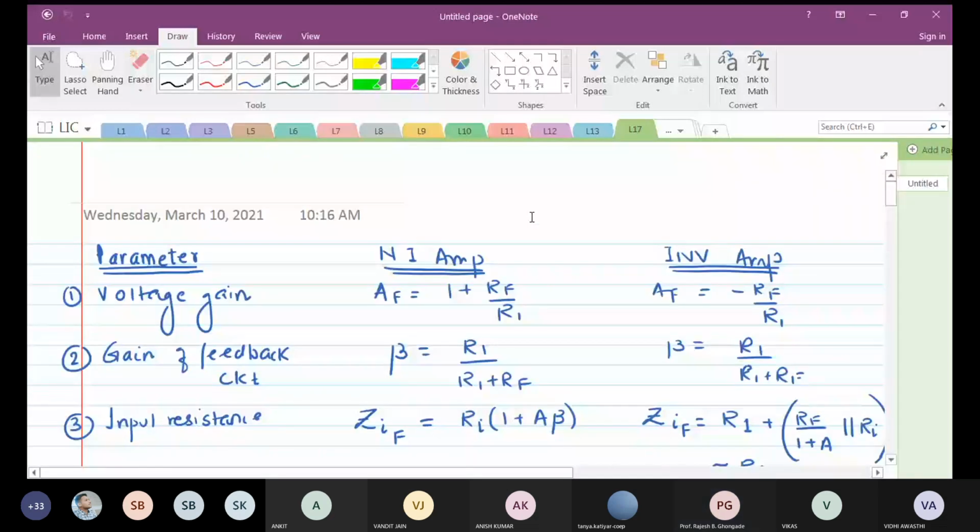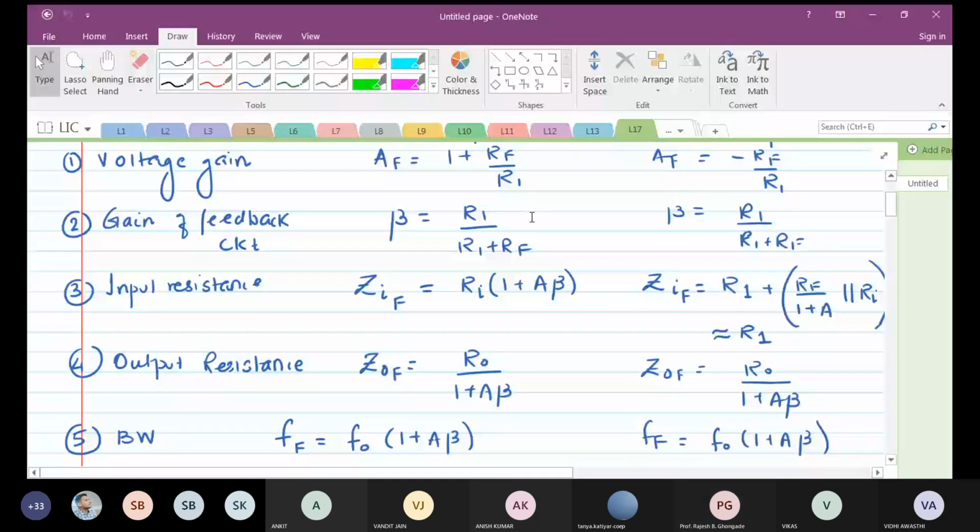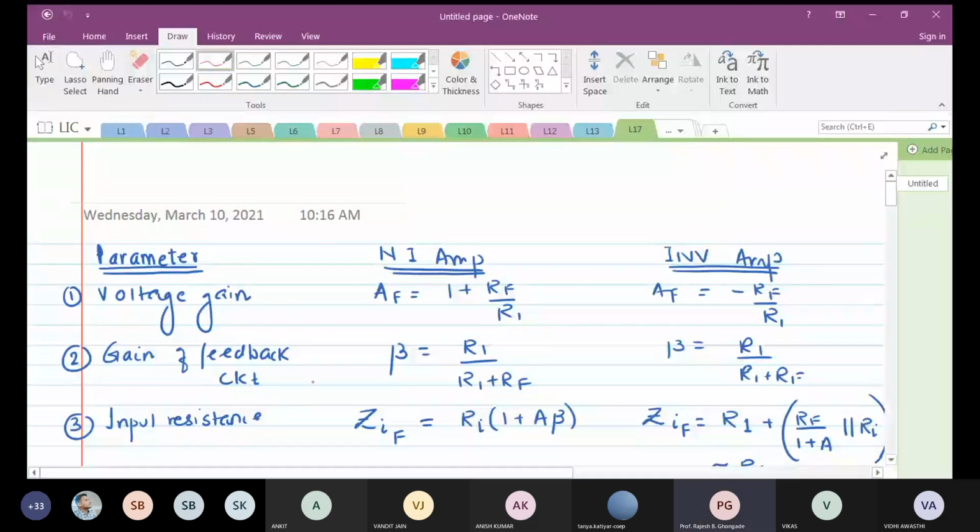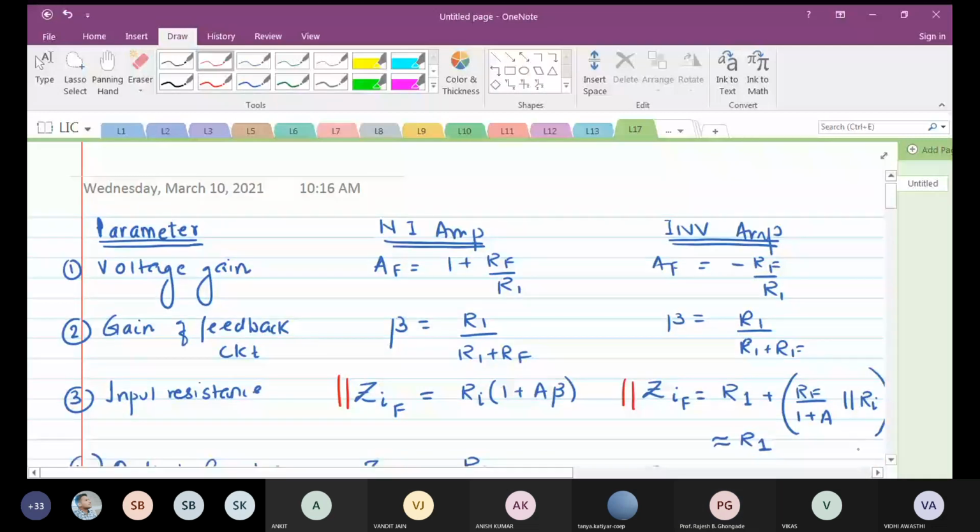See this? Yes, sir. So what is the input impedance for the inverting amplifier? Compare this. What do you see? Sir, for non-inverting, it's very high. Correct.